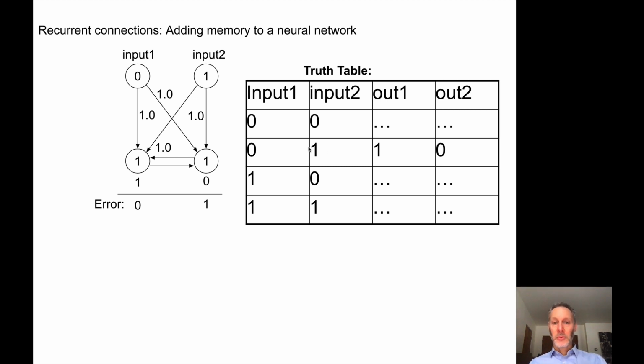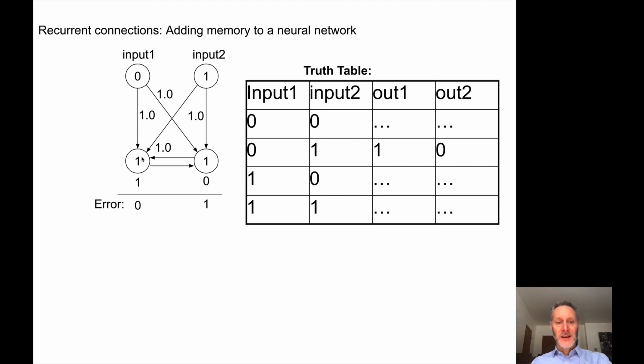As we saw before when we talked about the backpropagation of error algorithm, we see what the actual values are that arrive at the output neurons. We compare those outputted values to what the values should have been, and we look to see whether there's any error.